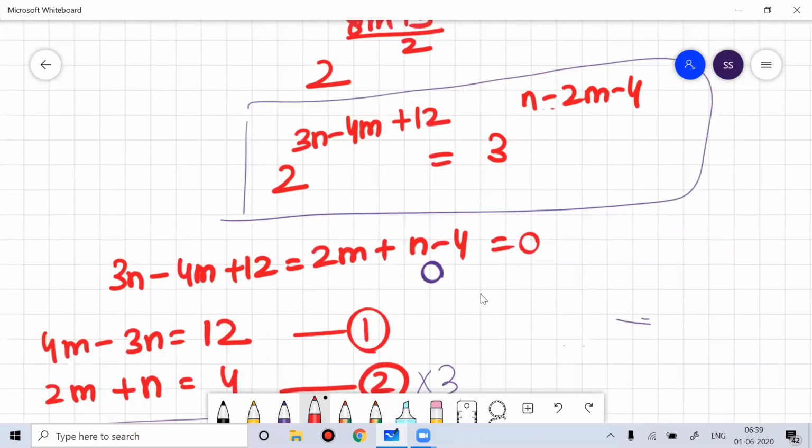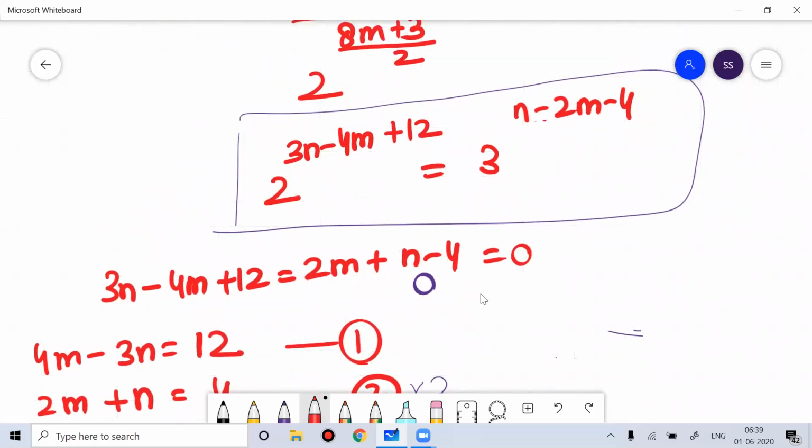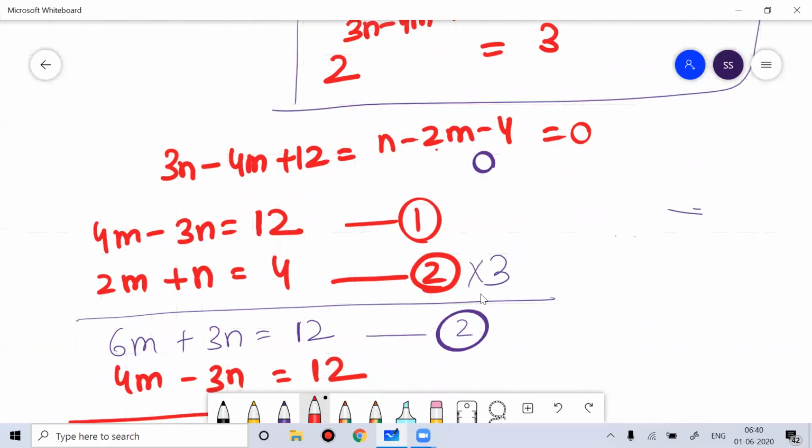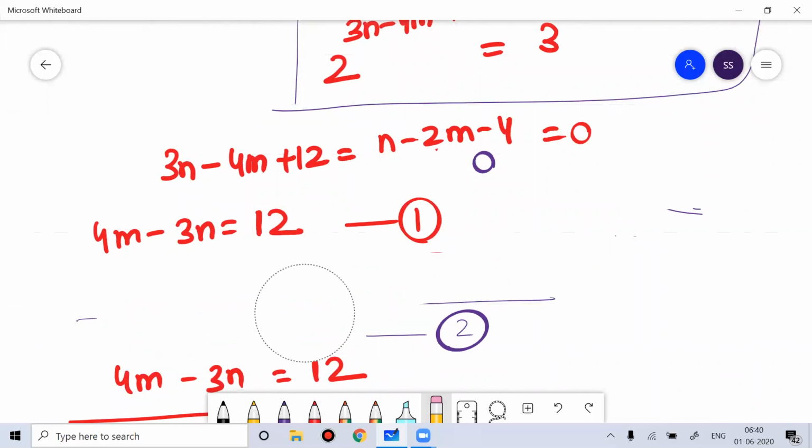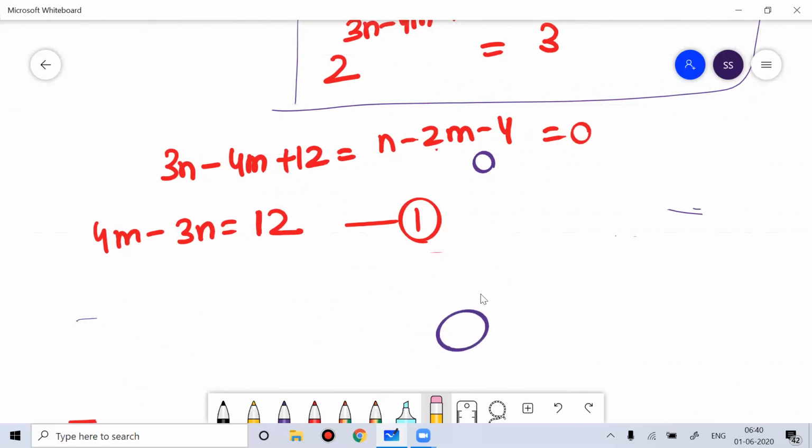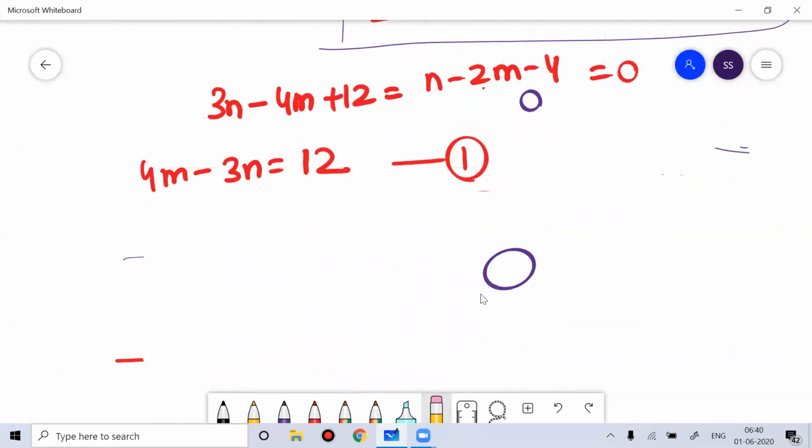With this you can write this as n minus 2m, so minus 2m plus n is equal to 4.